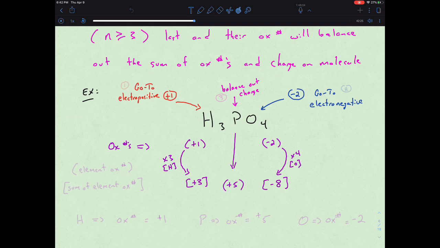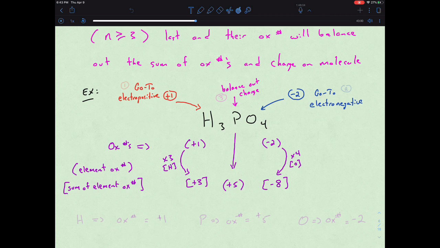So with some of the language I'm using, if I have parentheses, that's the element oxidation number. If I have the brackets, that would be the sum of the elements and all of those oxidation numbers. So you see some things in parentheses, that's the individual element oxidation number, and then you see brackets, which is the sum of those.